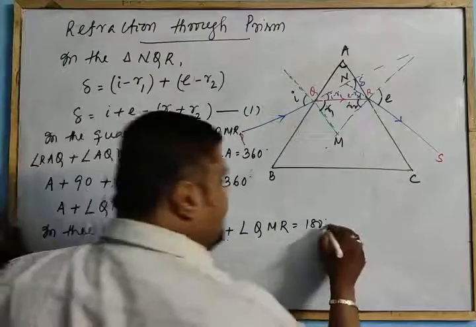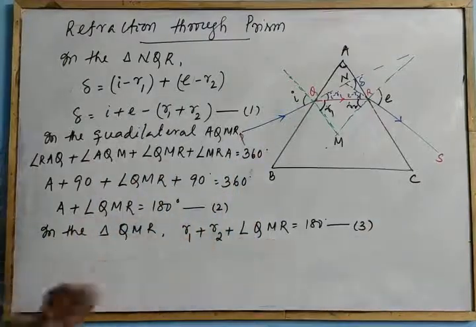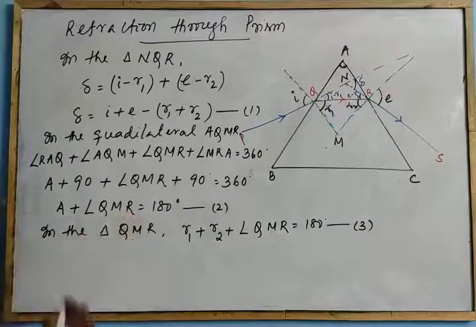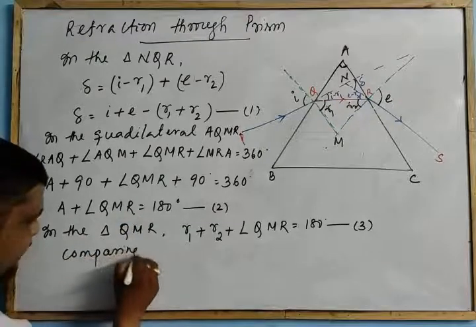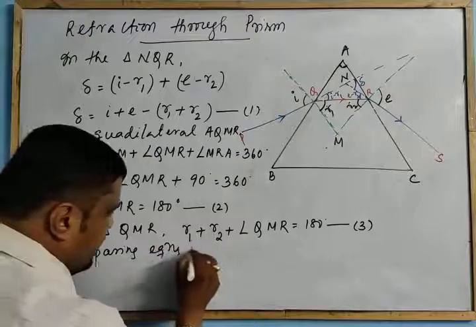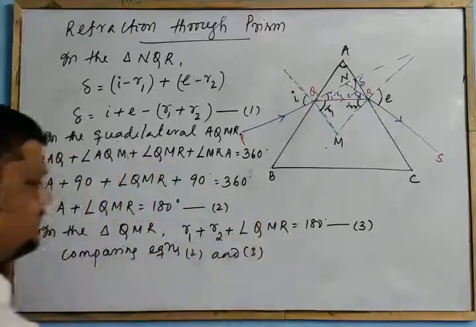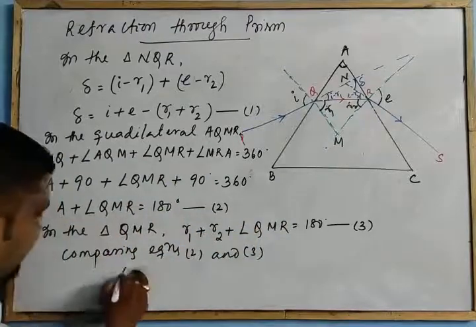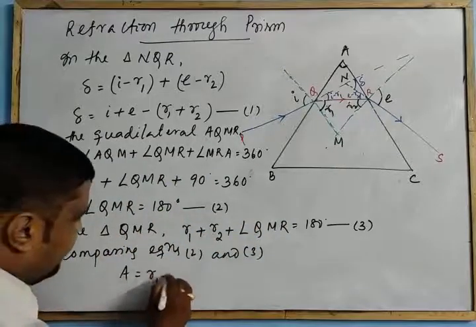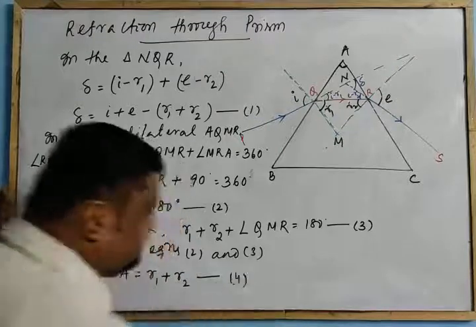Now this is equation number 3. Comparing equations 2 and 3, QMR is the same, so A should be equal to R1 plus R2. Let this be equation number 4.